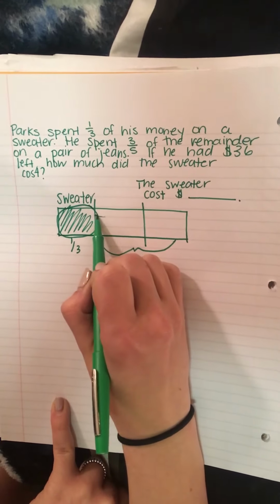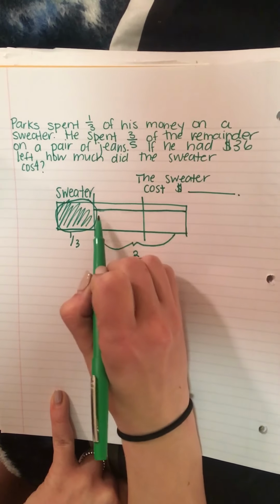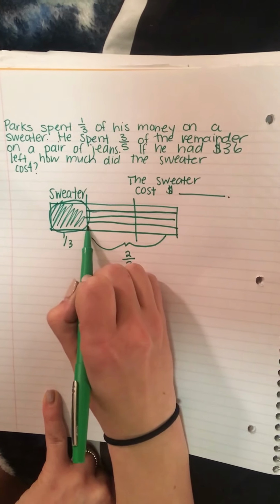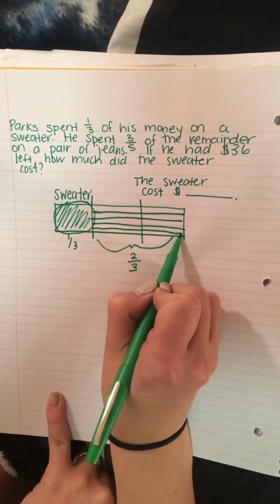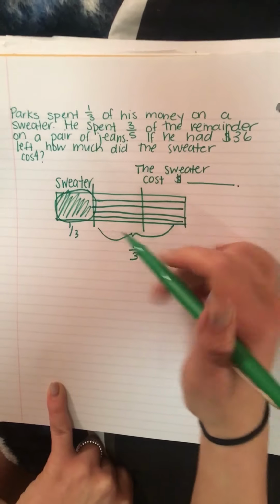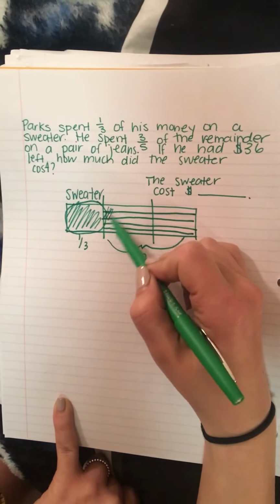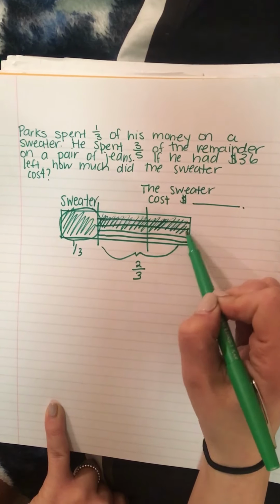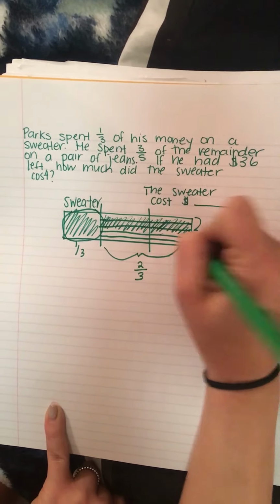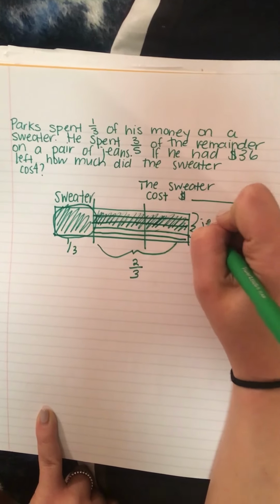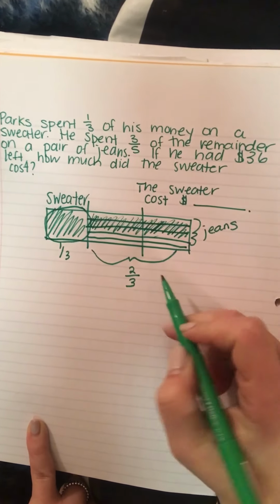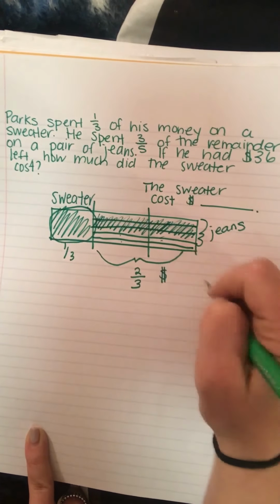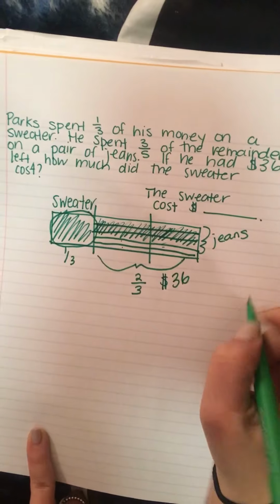So I know that Parks spent 1/5, 2/5, 3/5, 4/5, 5/5, and then spent 3 of those fifths, so I'm going to color that in, of his remainder on his jeans.